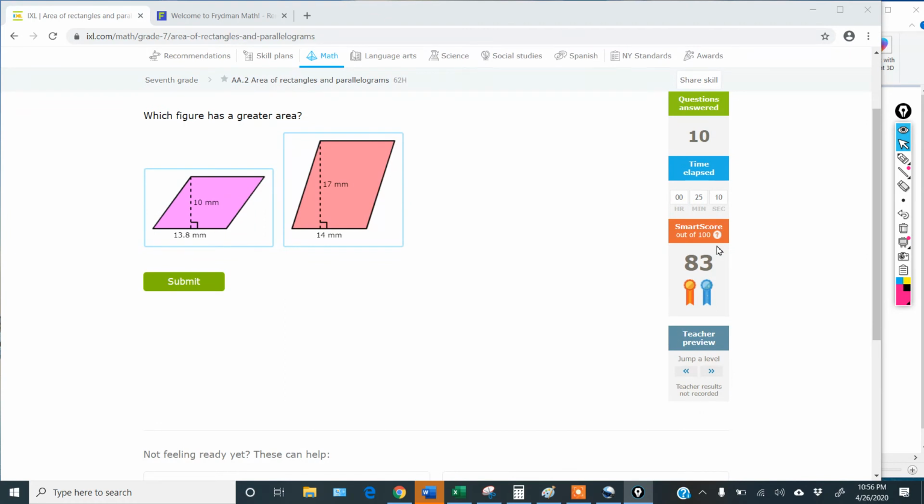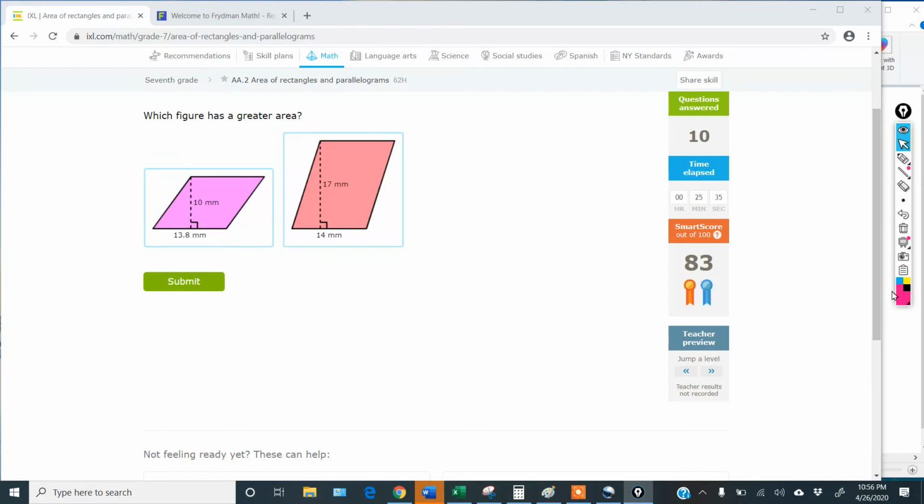Which figure has greater area? Okay, so you could just multiply these two numbers and see which one is bigger. I'm going to just estimate first of all. I see that 14 is very close to 13.8.